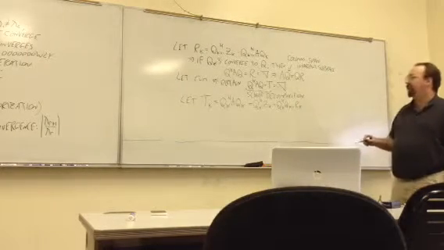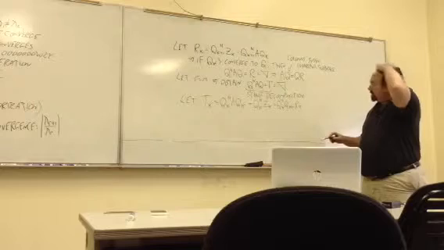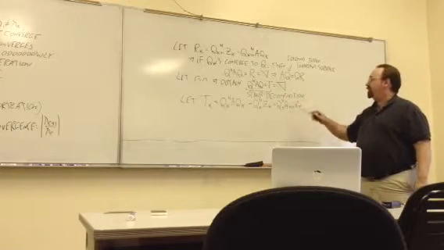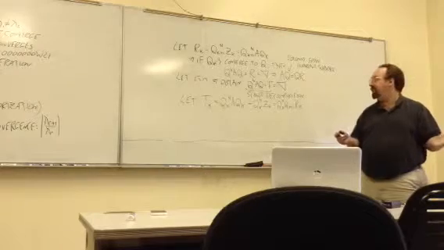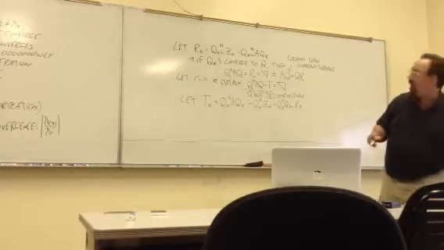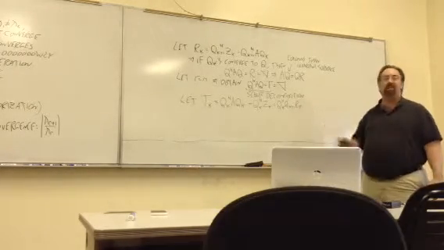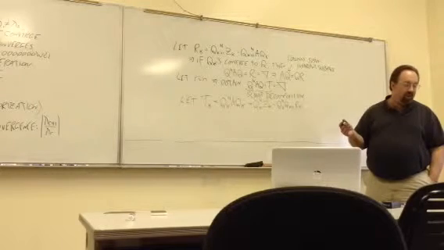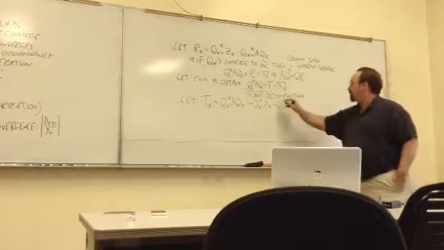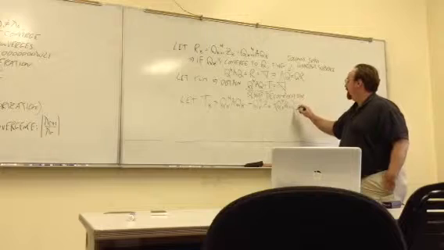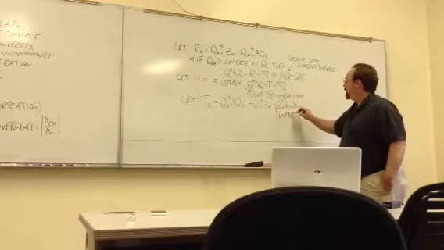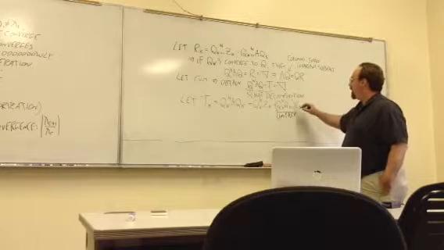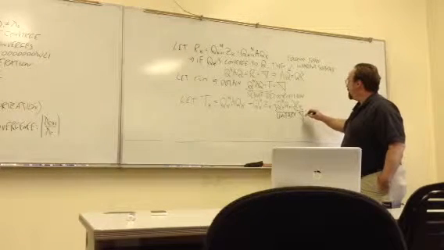Now, QK plus 1 and RK... QK plus 1 and QK are both orthogonal or unitary matrices. So therefore, their product is also unitary. So I'm going to group these together. So this is unitary, the complex analog of orthogonal, and this is upper triangular.